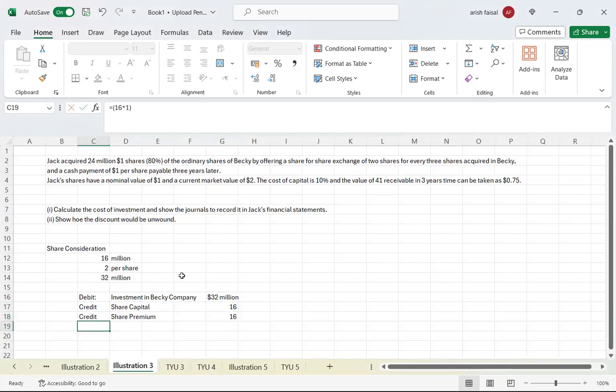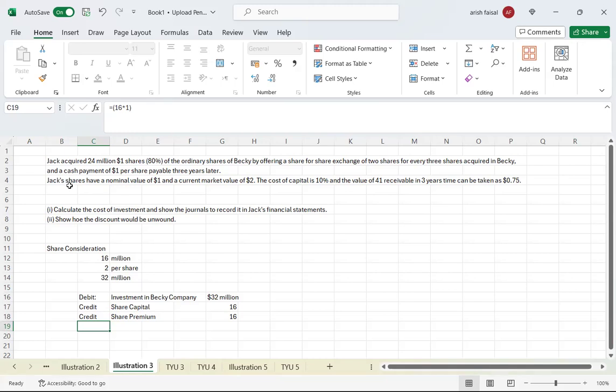So debit would be the investment with a total of 32 million. The number of shares which have been issued are 16 million. Nominal value is $1. So that will credit in the share capital, and the extra, which is again 16 million, 32 minus 16 million, that will be credited in the share premium account. So that's how you're going to record your share consideration.